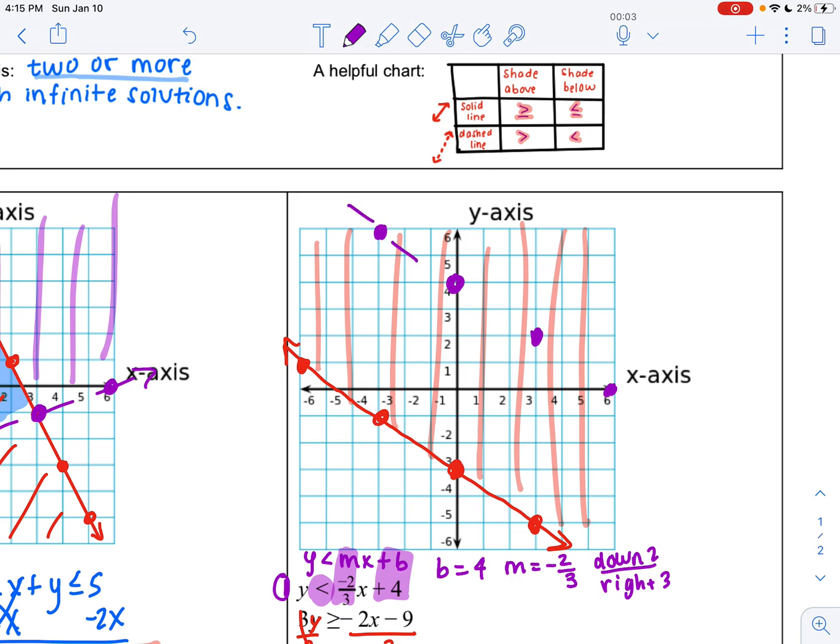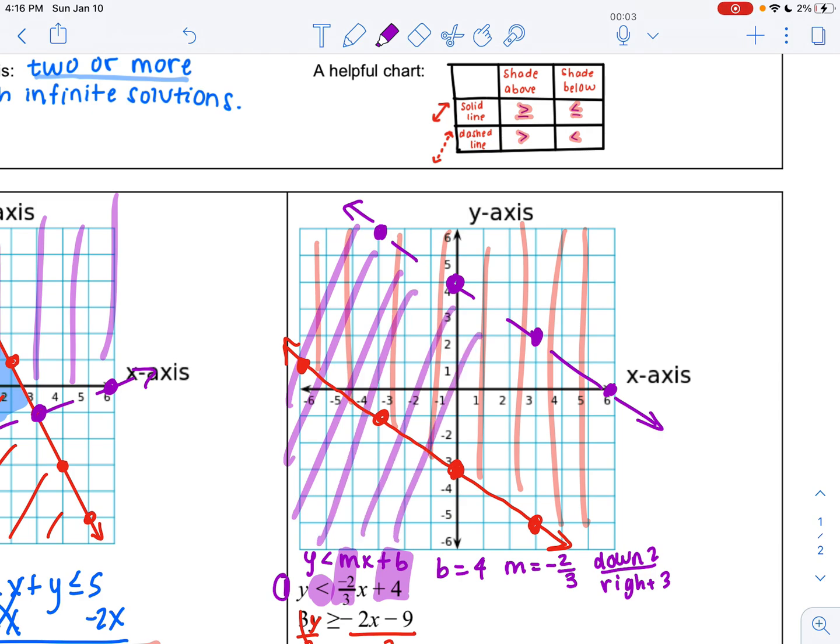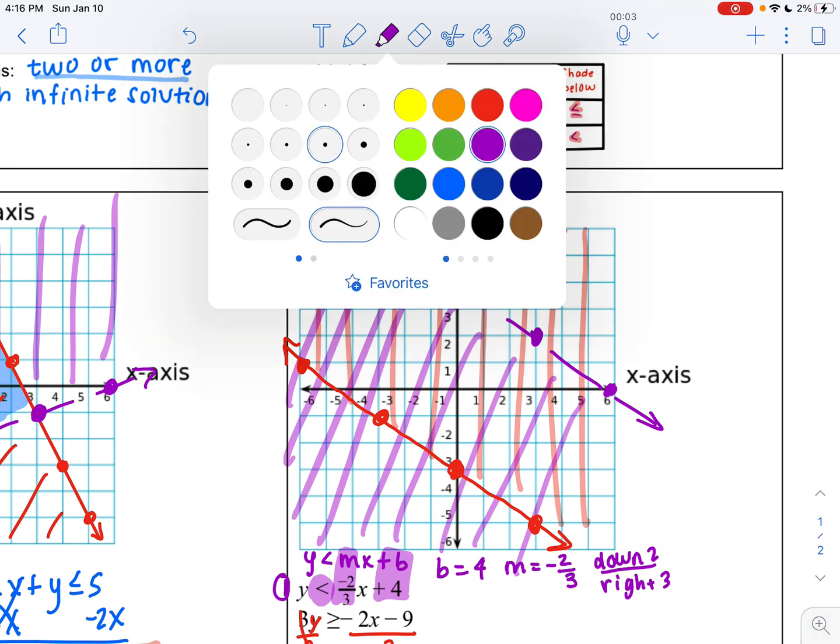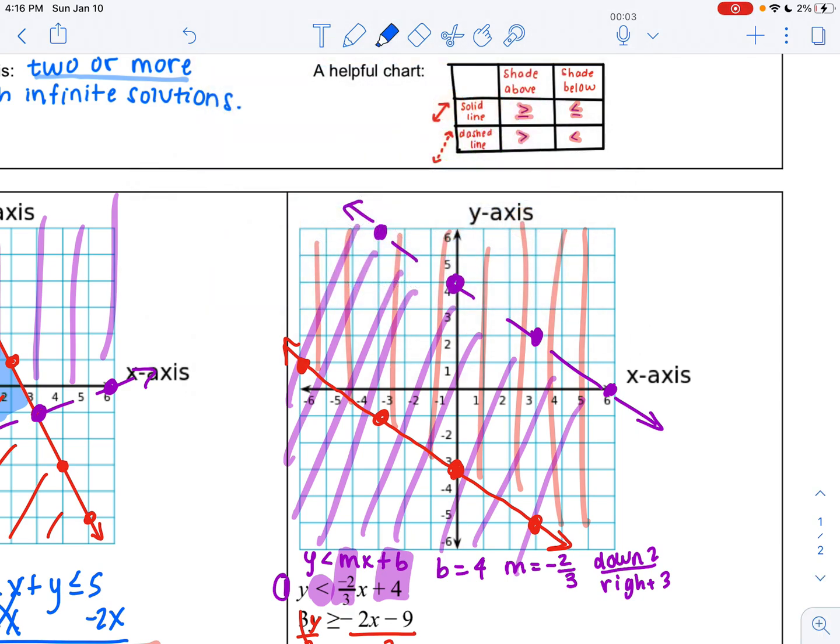Let's just keep going here. Shade below means we're going to be shading this direction, because all of this is below that purple line. Now wherever the red and the purple intersect, wherever the red and the purple touch, is our answer. So I see red and purple in this region, this area right here, so I'm going to shade this region extra dark.